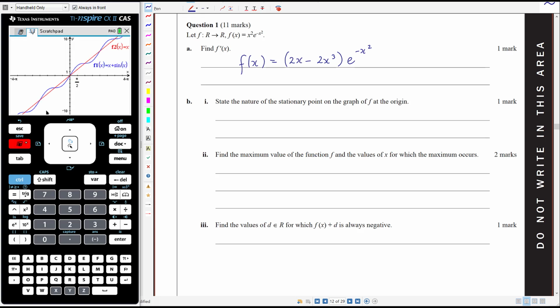Okay, so again, because you've got your CAS, it's not asking you to justify or to do a sign diagram or to do anything like that. I'm just going to adjust my graph again. So if I just have a quick look at what this function looks like, f of x, we can see that looks like we have a local minimum. If I maybe adjust the windows here because we clearly don't need this much.